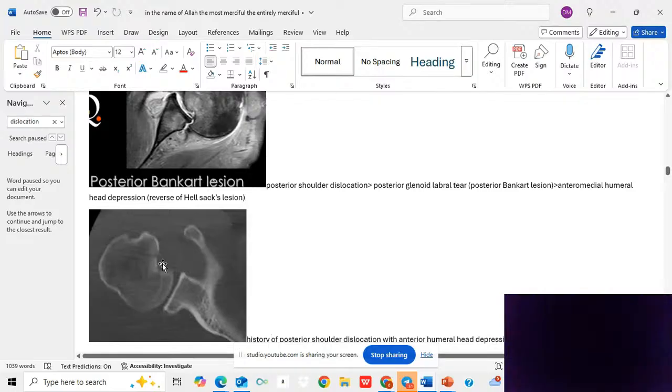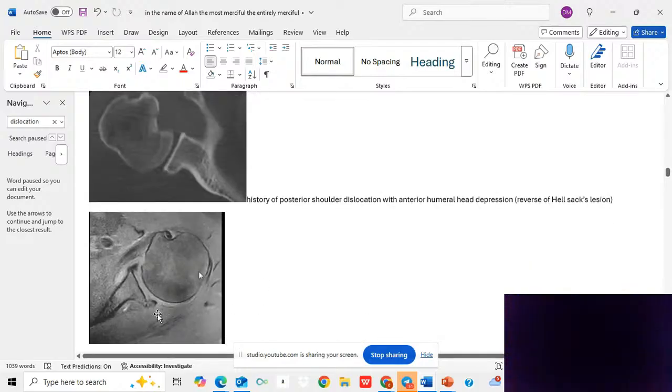So it is the reverse of Hill-Sachs lesion, or anterior humeral head depression. There is no other bony injury of the labrum. That's it.